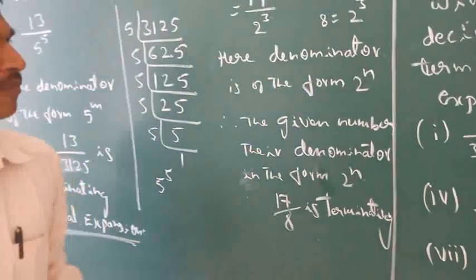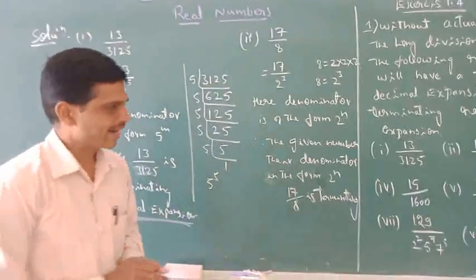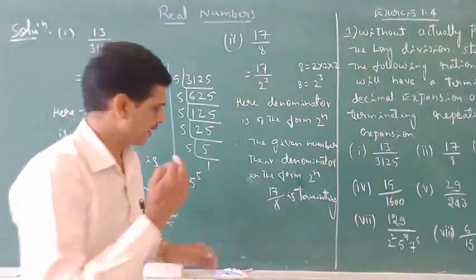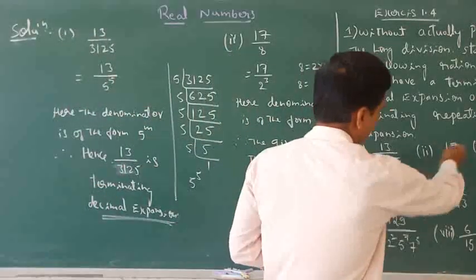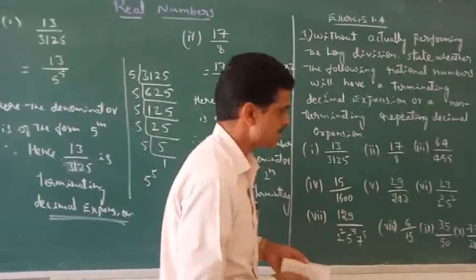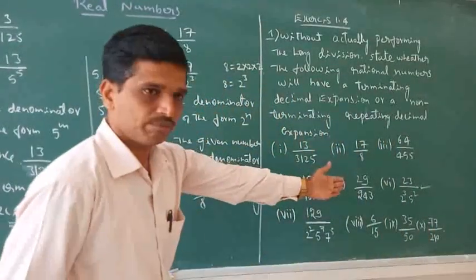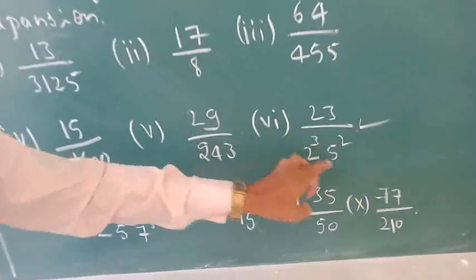Clearly from these two examples we must understand how we can classify terminating as well as non-terminating. Now let us take another example. Similarly you can solve the remaining examples, in which I want to show another one. Look here, 23 divided by 2 to the power of 3 and 5 square.